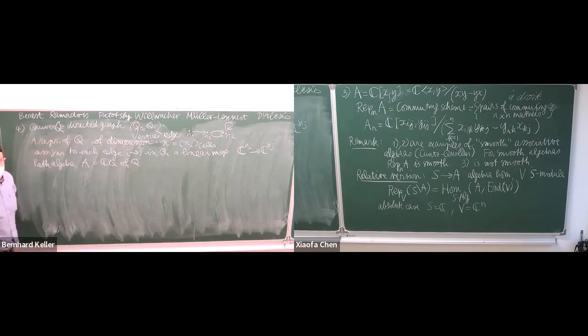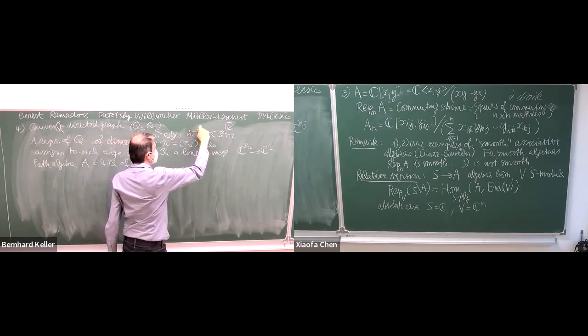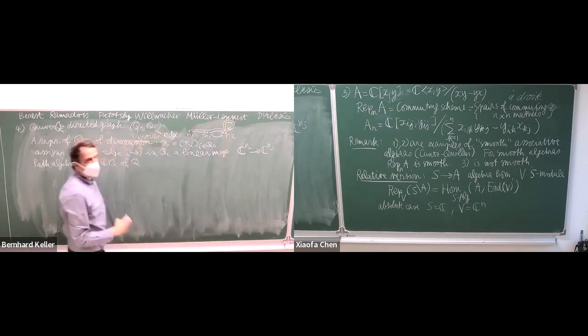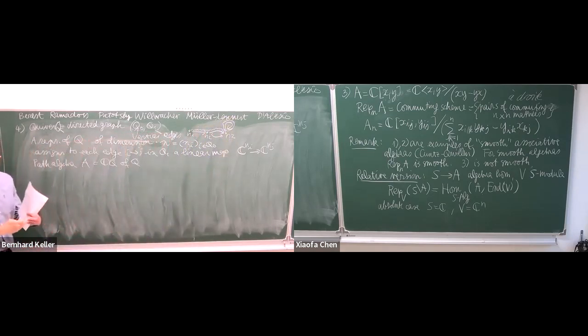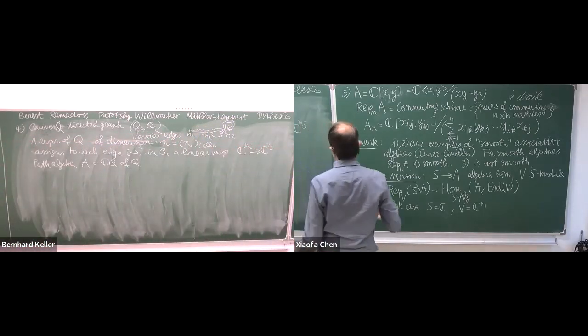So this is linear combinations of paths. Well, a path in the quiver would be something like this. You can compose paths if they match. And you declare the product to be 0 if they don't match.